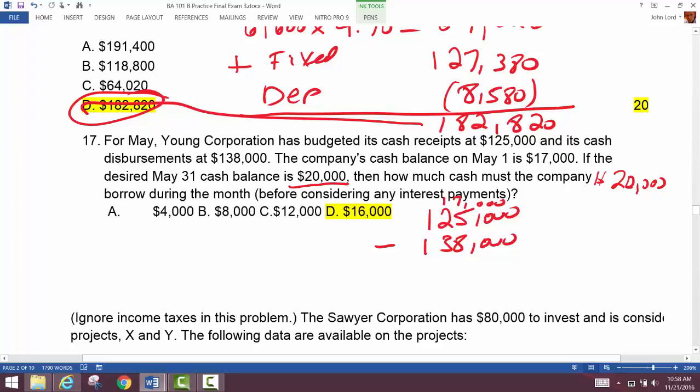I like to start with it. Okay, I started with 17. I added 125, but I used up 138, so that's going to give me a difference of how much? Is it 4,000? Okay. I'm going to end up with 4, but I want to have 20, so I guess I better borrow what? 16, right?